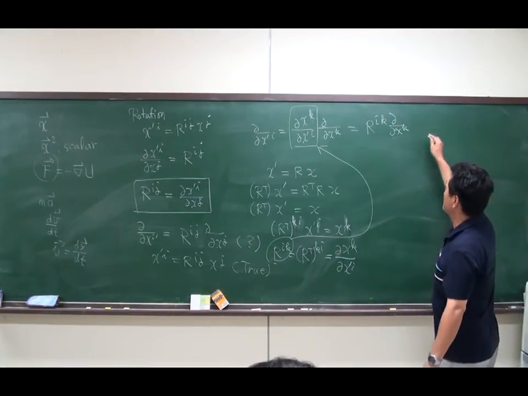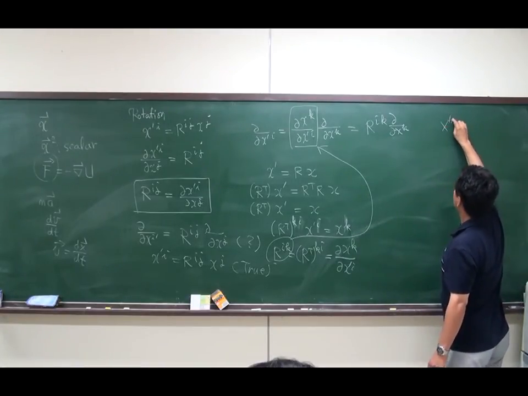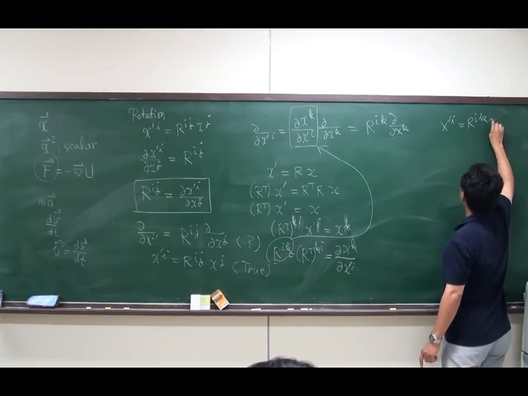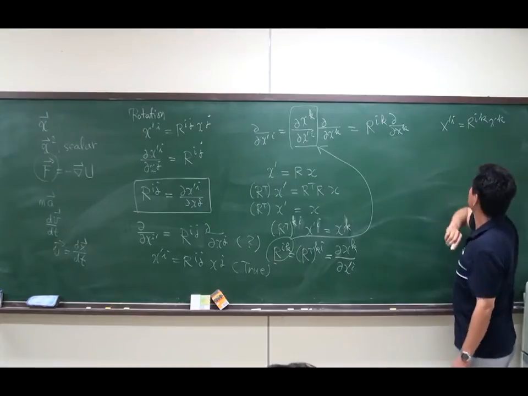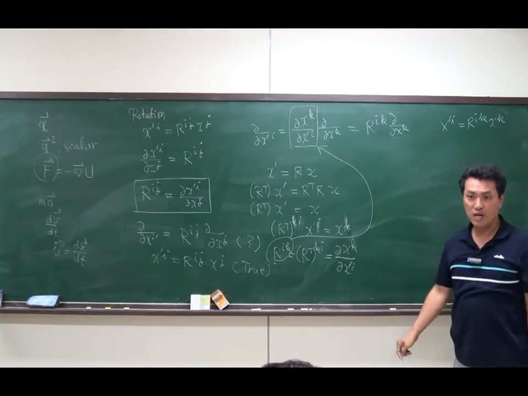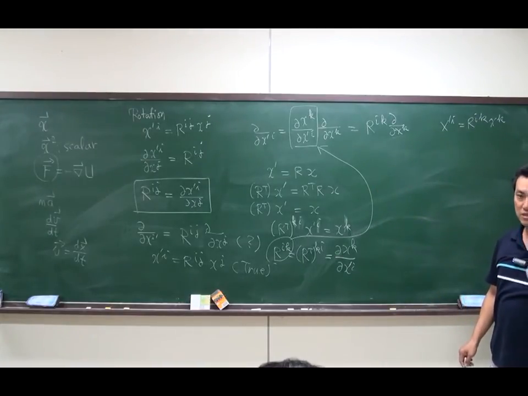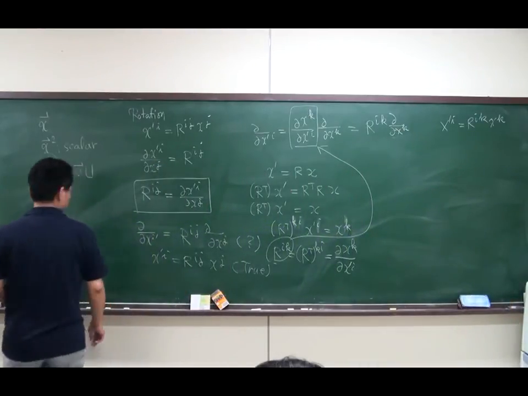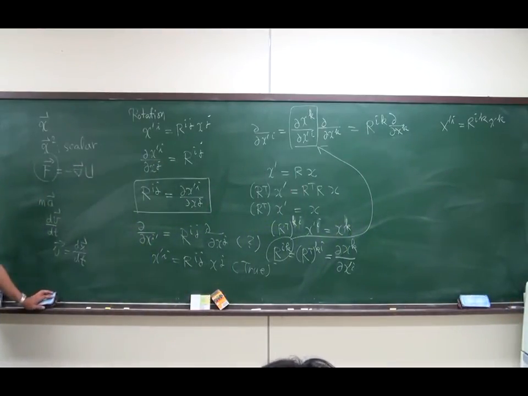This one transforms like x_i prime = R_ik x_k. So that's the reason why the derivative, the gradient, is transforming just like the vector. So what happens to the four vector case?